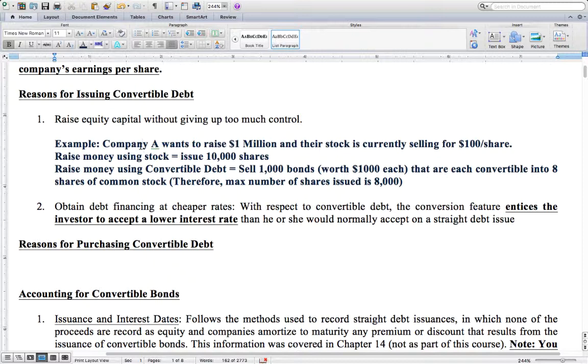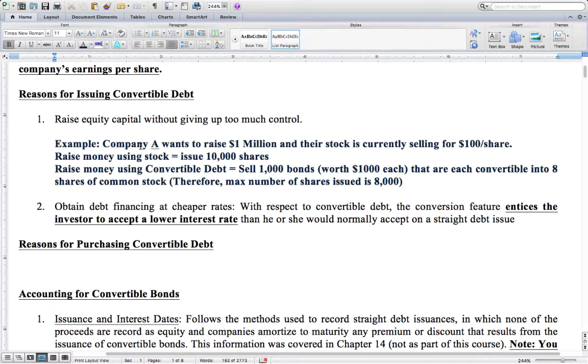In this example, Company A wants to raise $1 million with their stock currently selling at $100 per share. If they were to issue shares to obtain this $1 million, they would have to issue 10,000 shares of their stock. However, if they raise the money using convertible debt, they could sell 1,000 bonds that are each convertible into 8 shares of common stock.